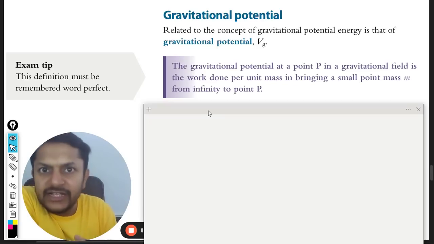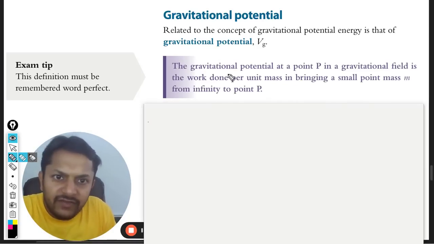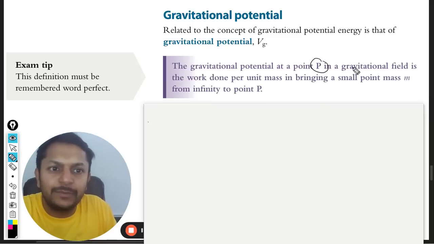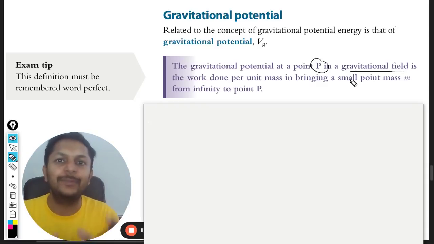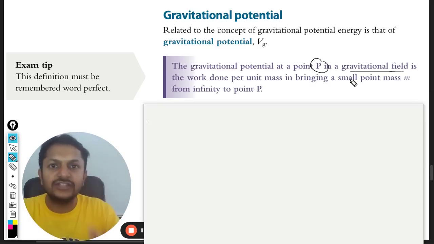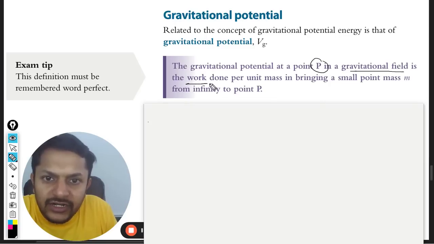Okay, similarly we are going to define the gravitational potential now. How? The gravitational potential at a point P in the gravitational field. It means we are talking about a position, and we are not using any planet or any mass there. We are just referring to a position in the gravitation space. It is the work done per unit mass.